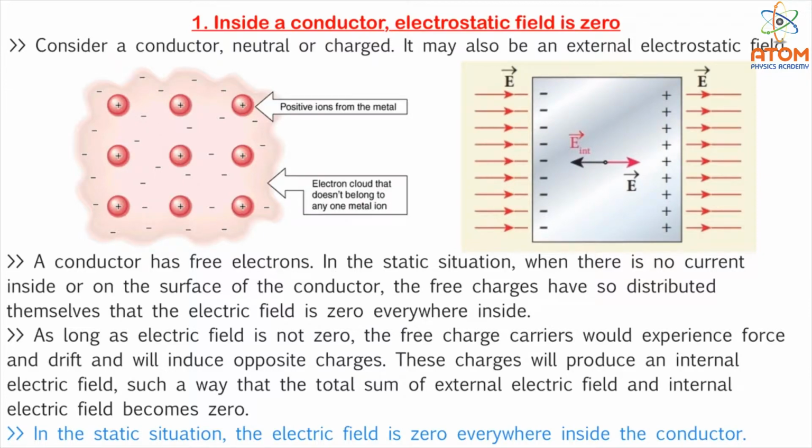So the point is, whether you put this conductor in the absence of an electric field or inside an electric field, the electric field inside the conductor will always be 0. So we can conclude that in the static situation, the electrostatic field is 0 everywhere inside the conductor.